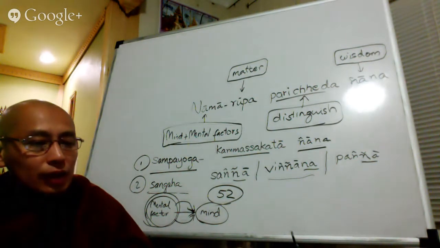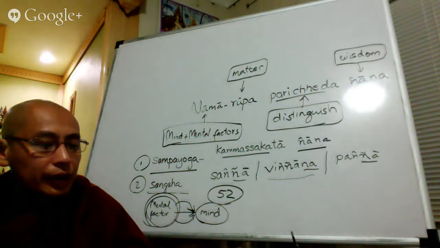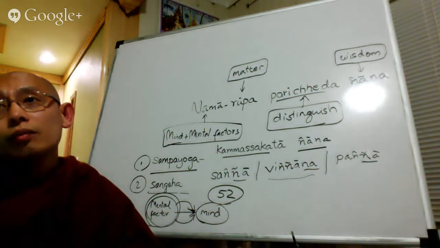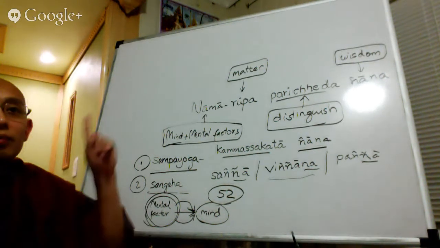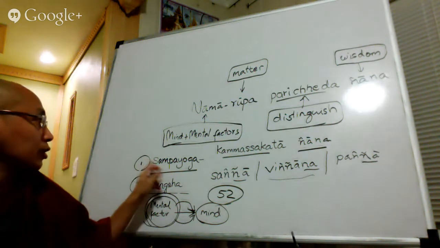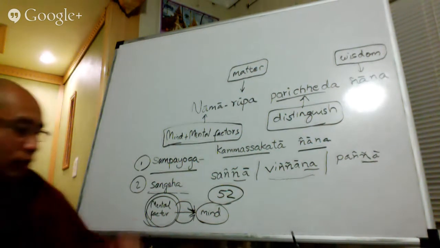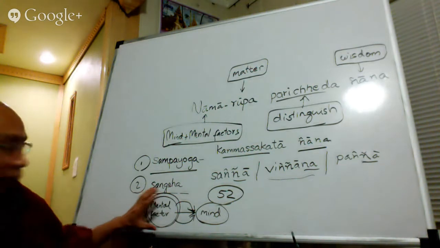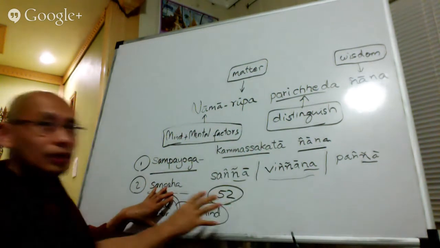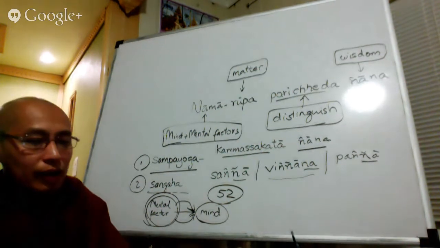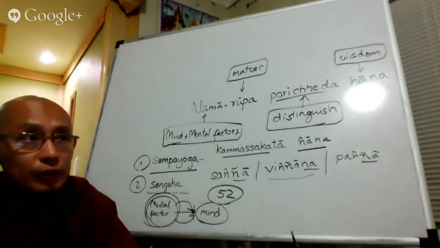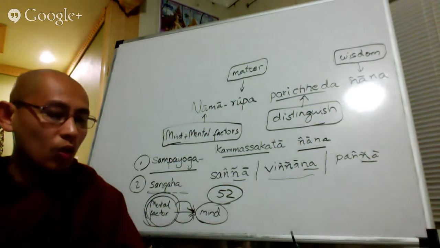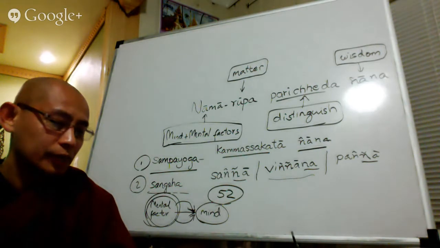So Phassa, Vedana, Sanna, Cetana, Ekaggata, Jivitindriya, Manasikara, the 7 universal mental factors. This is one method of the association of Sampayoga. We take the universal mental factors and associate them with all mind. That is why we call them universal. These mental factors associate with all mind.